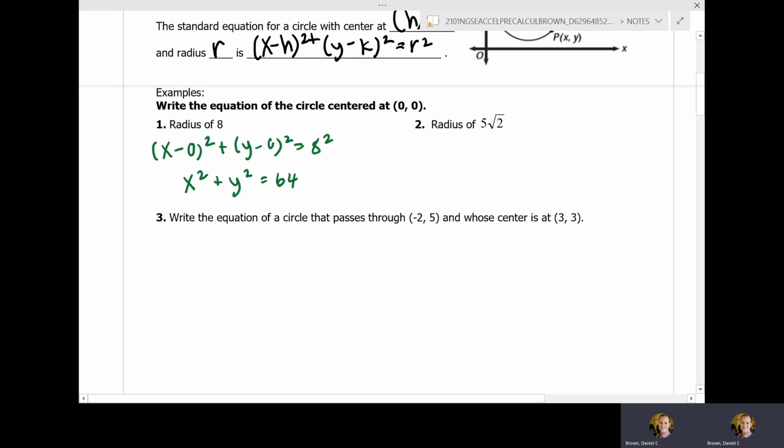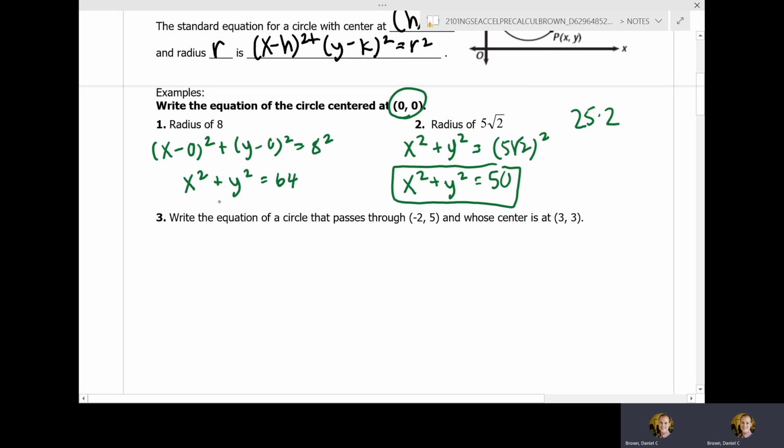Same thing for this other one, we can do pretty quickly. We're still centered at (0, 0), so I'm just going to go ahead and write x squared plus y squared is equal to r squared. Mainly chose this one to remind ourselves of some of the algebra we use for squaring that. 5 squared is 25. The square root of 2 squared is 2, so that would be equal to 50.